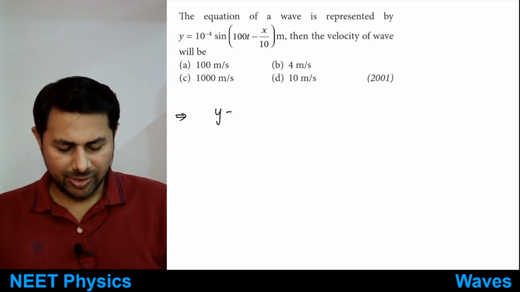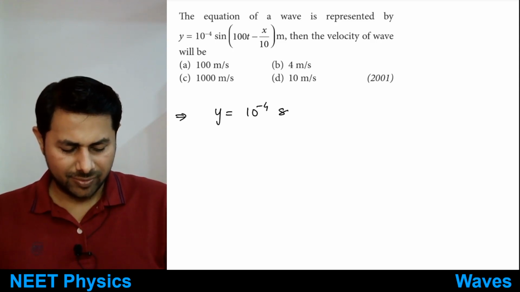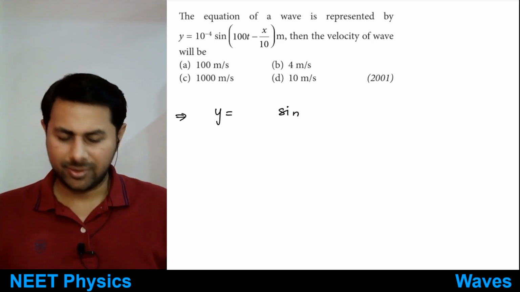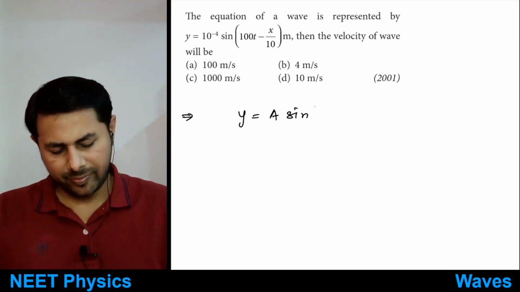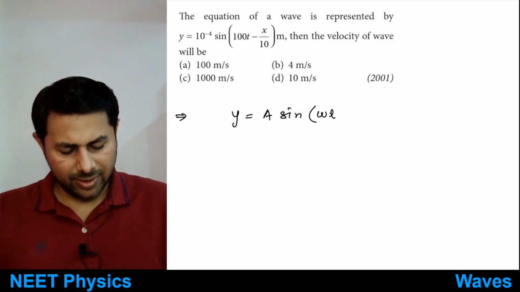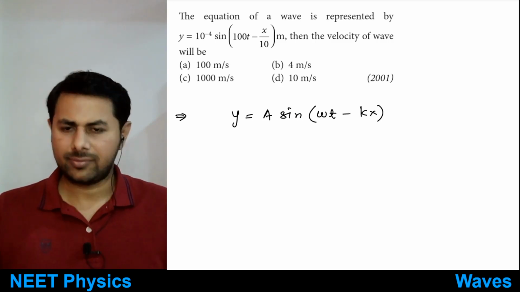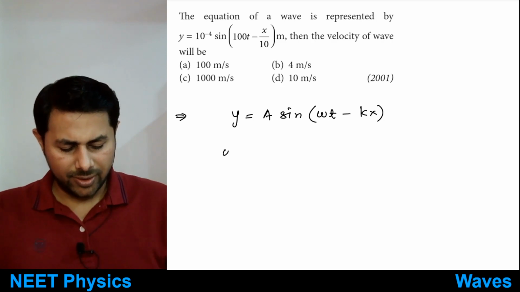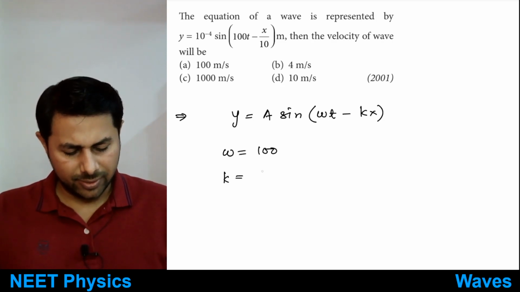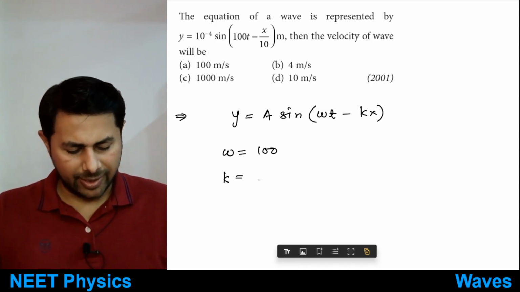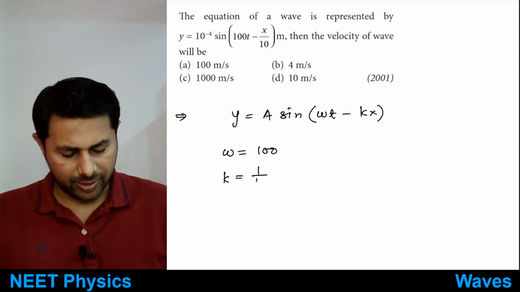Compare this with y equals 10 raised to minus 4 sine of omega t minus kx. So what do you get? You get omega equals 100, and k, it's in meters, k equals 1 by 10.